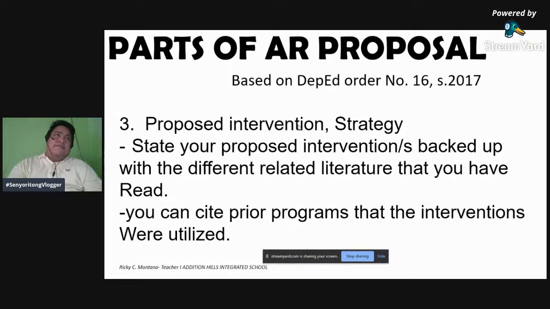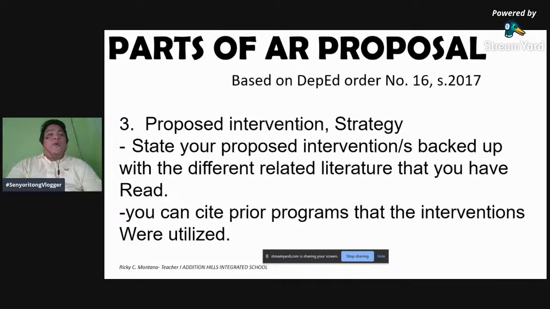Say for example, behavior. So I focus myself on behavior and I do research about the different authors on behavior. When I read about behavior and gather information about the problem, it would be very easy for me to come up with an intervention.